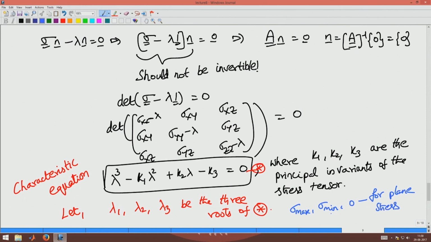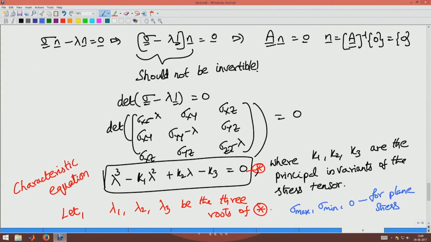Sigma max and sigma min from the Mohr circle equation will be the center point of the Mohr circle plus or minus the radius. You know how to find sigma max and sigma min, and the third root would be 0, because K3 is 0, you can see that lambda equal to 0 is a root of the characteristic equation.